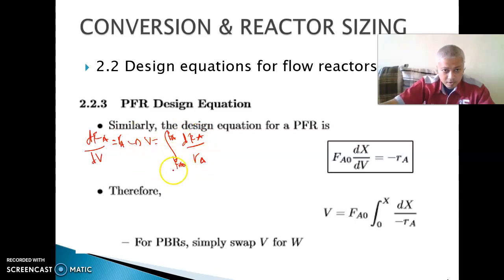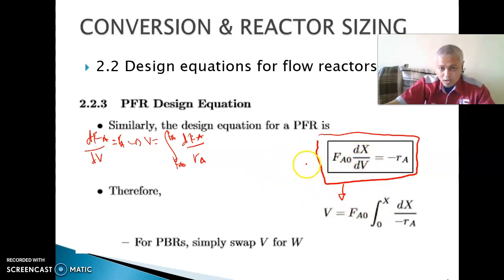This is from the previous lecture, but for PFR we can also have this kind of relationship. The same concept: we can integrate both sides, and then we can get this as the final formula.